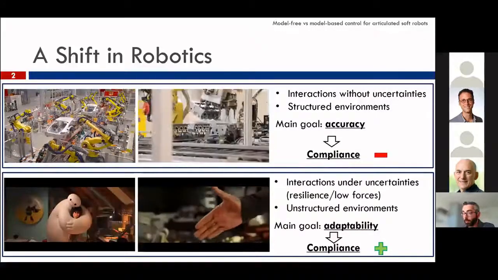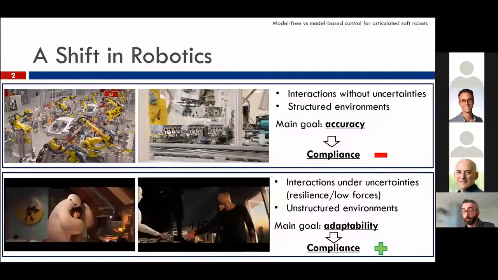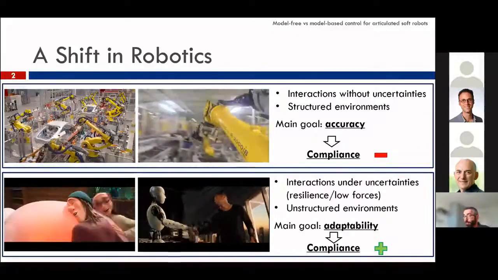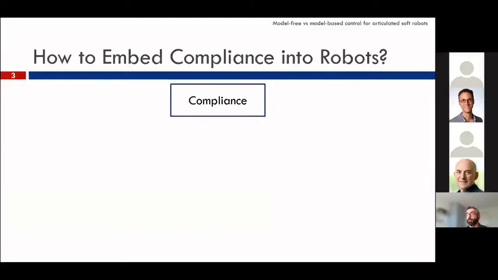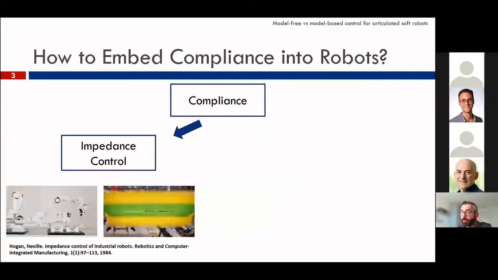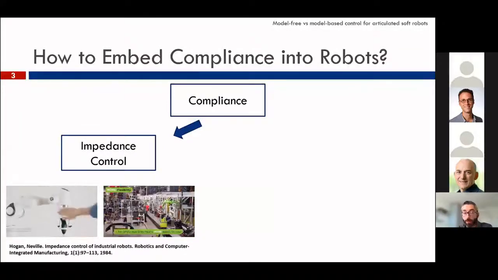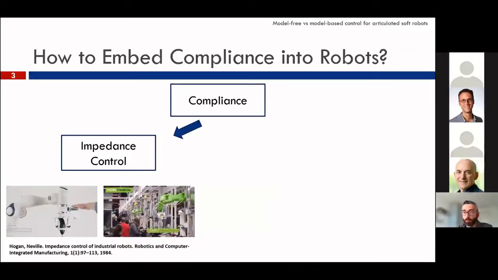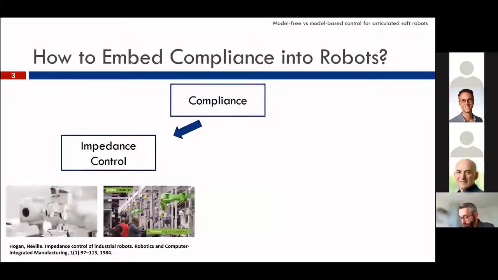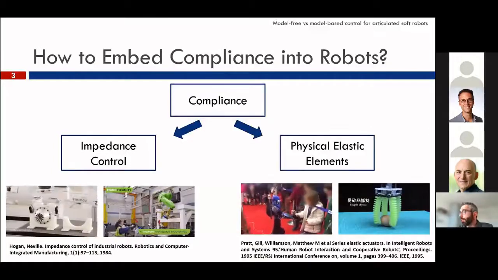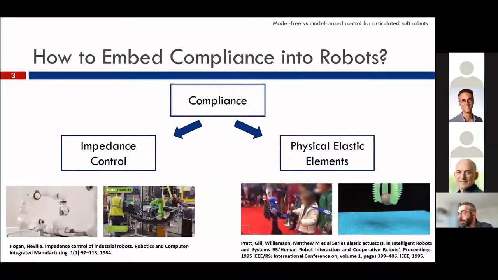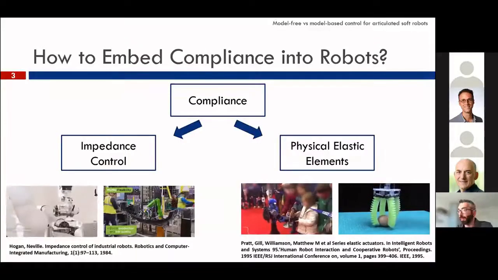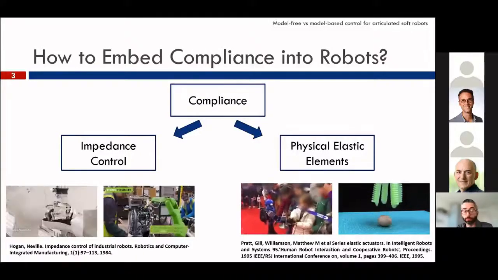So compliance increases adaptability. How can we add compliance into robots? There are two main solutions. The first one is to directly modulate the behavior of the robot, for example, using impedance control, or the reason why we are here today, that is the insertion of elastic elements into the robots.